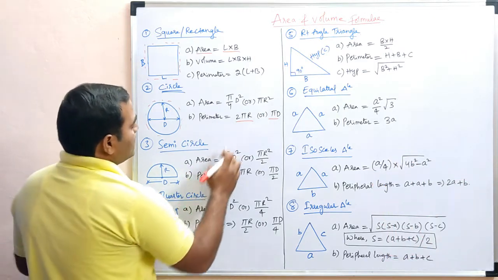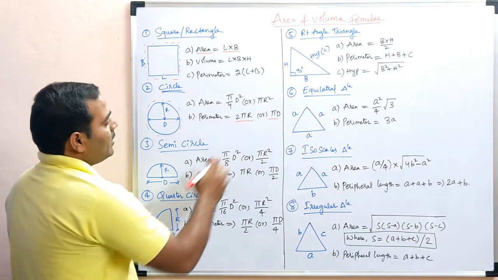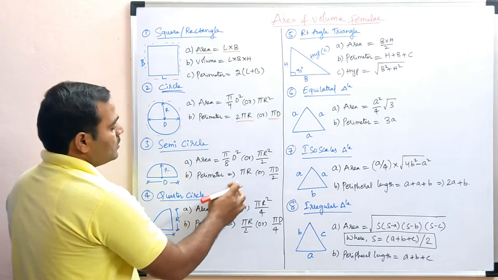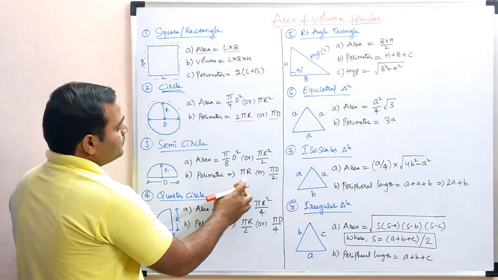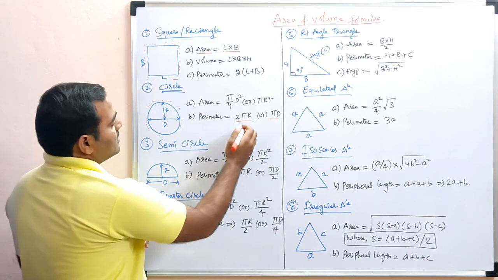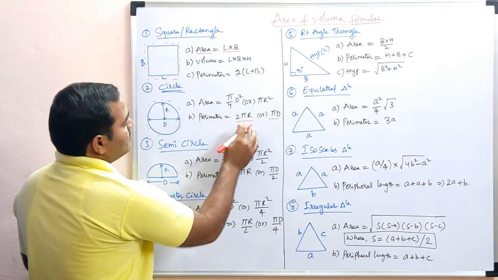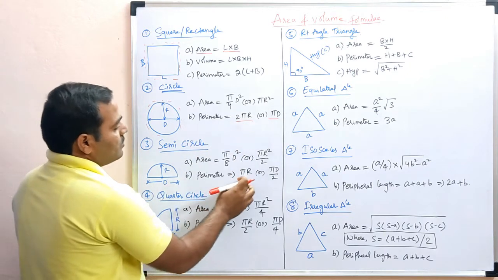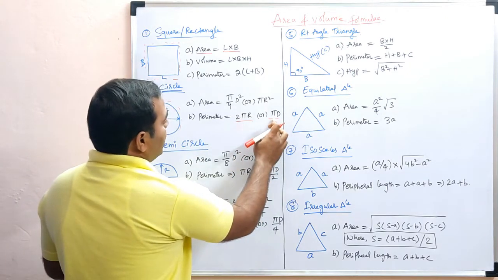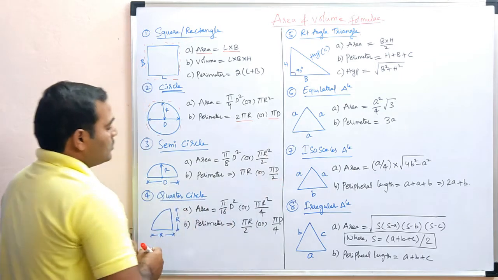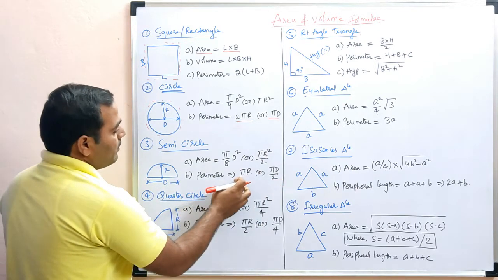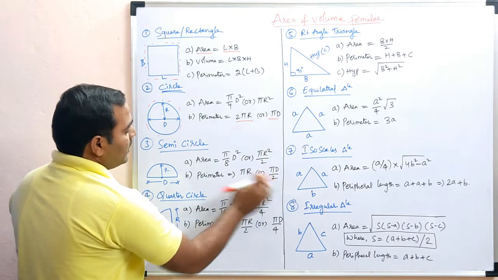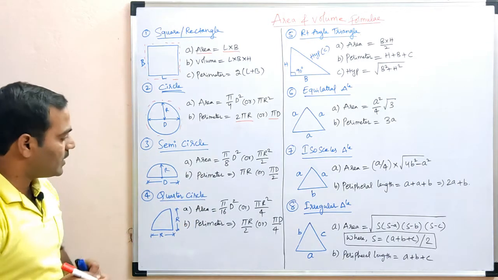Perimeter is the same formula, but we have to divide it by 2, so we will get pi r, since 2 and 2 get cancelled. Here pi d is divided by 2, so the perimeter formula will be pi r or pi d by 2.